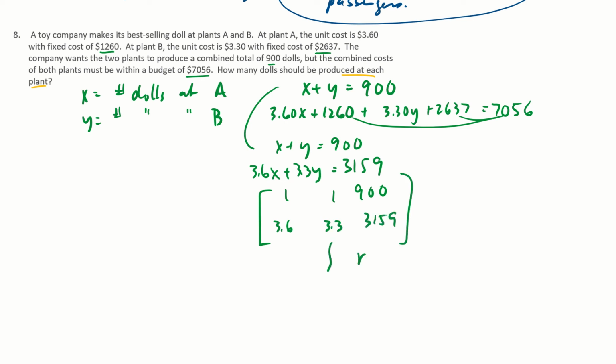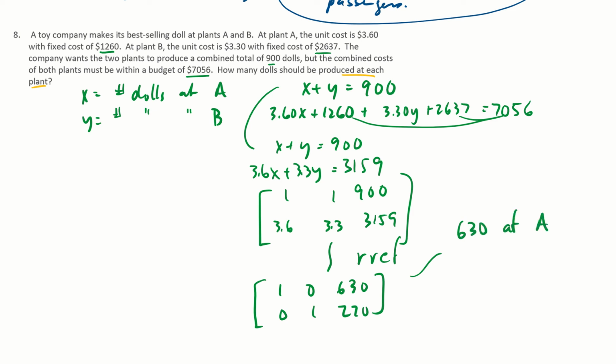And if you do RREF, reduced row echelon, you get 1, 0, 630, 0, 1, 270. It's going to say how many dolls at each plant? 630 at A and 270 at B. I should say dolls.